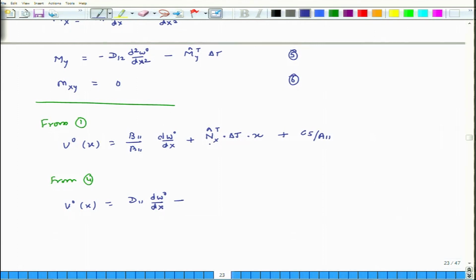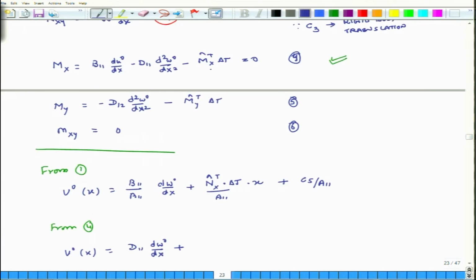Oh, I am sorry, there should be here also a11, and from the fourth equation what we get is d11 times dw over dx plus, this is the equation we are considering, mxt hat times delta t times x plus another integration constant C7, and this entire thing gets multiplied by 1 over B11.